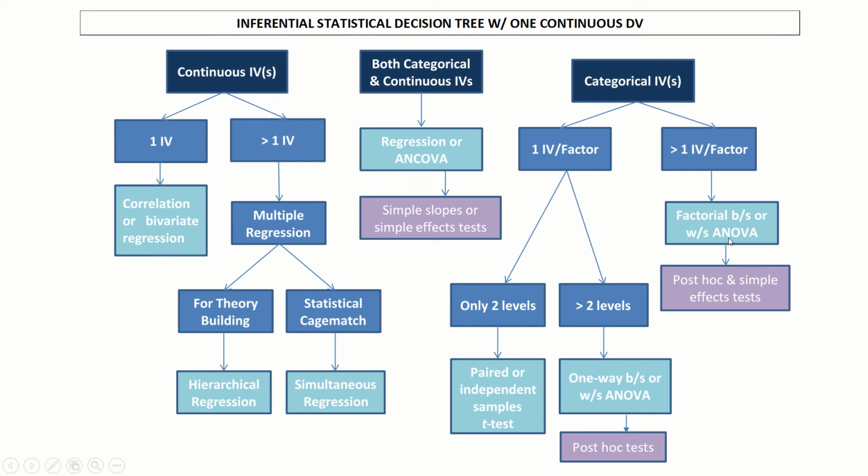We never went over two-way within subjects ANOVA, but if you know how to interpret a one-way within subjects ANOVA and you've seen two-way between subjects ANOVA, you should be able to interpret a two-way within subjects ANOVA. So we've been over here on the right side. Now we're moving to the left side, where we have continuous independent variables. We'll be working with correlation. We'll start with simple correlation.